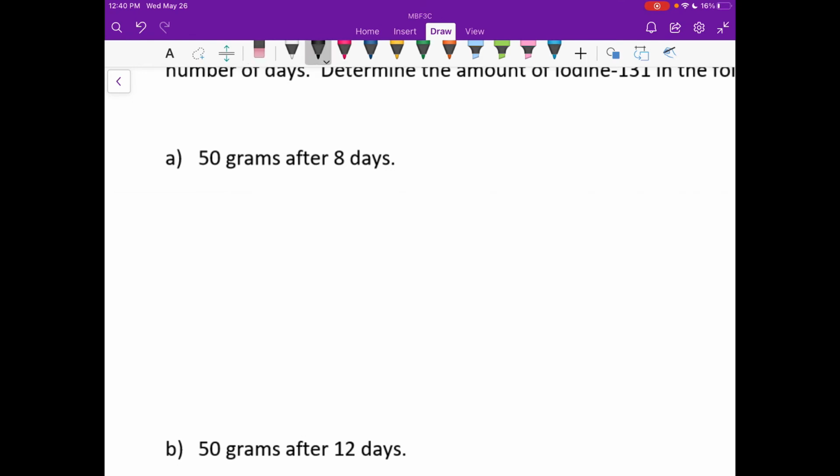So let's just go in and write our formula. I equals I naught, 1 half to the power of N over 8, right? So a few things I need to substitute in here. I don't know what I is, so I don't need to put that in. I know I naught, the initial amount, is 50 grams.